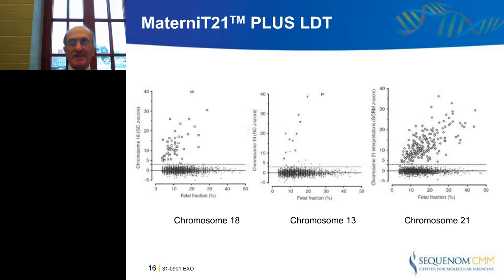So since these women all had invasive tests subsequent to the blood draw, we could use the results of the invasive test as a gold standard and compare the non-invasive test, and we could basically get a pretty good picture of how accurate we were.